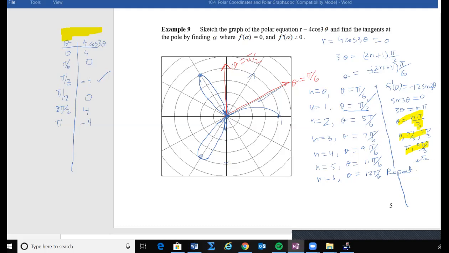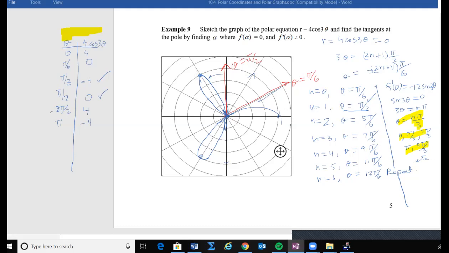Well, let's see, I take that back. I was up here, I have to keep track of it. Pi over 3 was -4. I got to pi over 2, I was at 0. Okay, that was that point. And then when I got to 2 pi over 3, I was coming this way. My value went up to the 4. That's this point.